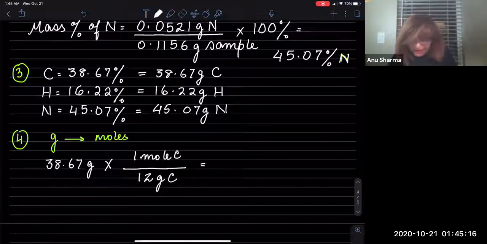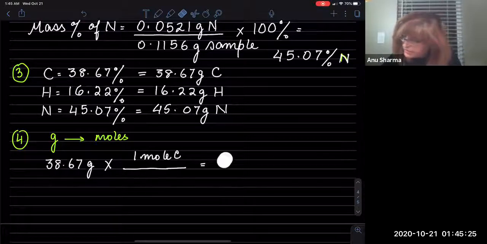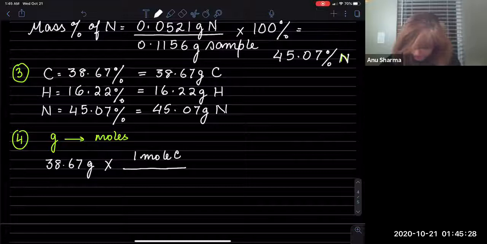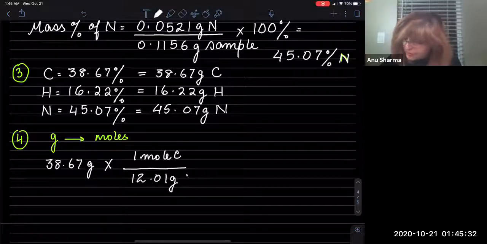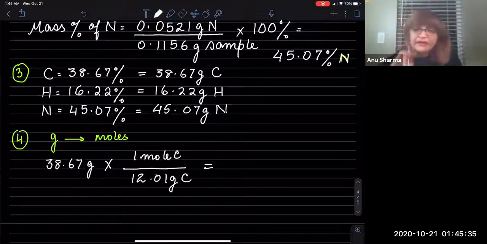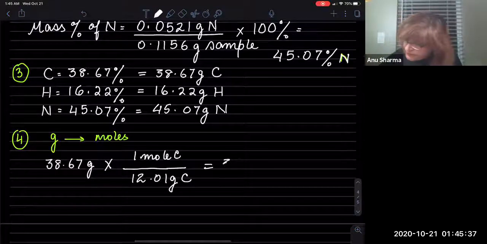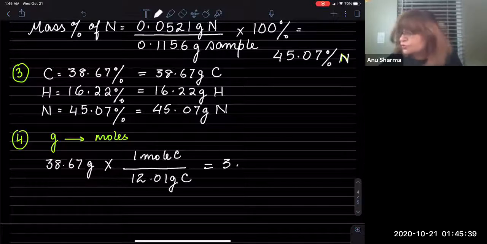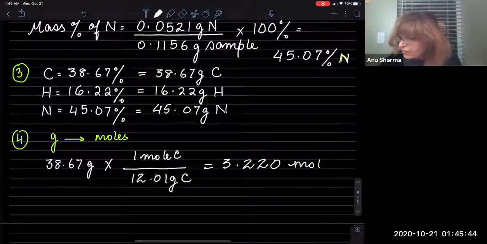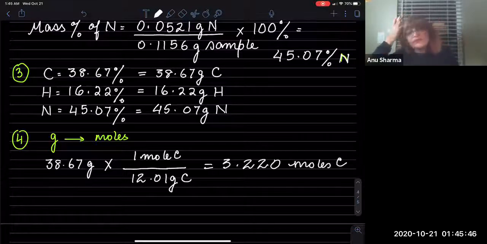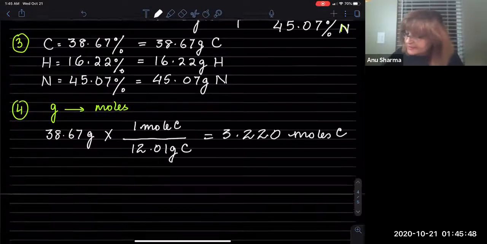Actually, let's use more exact numbers here. It's 12.01 grams of carbon. And that gives you 3.220 moles of carbon.